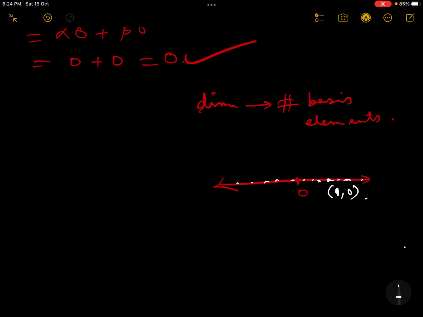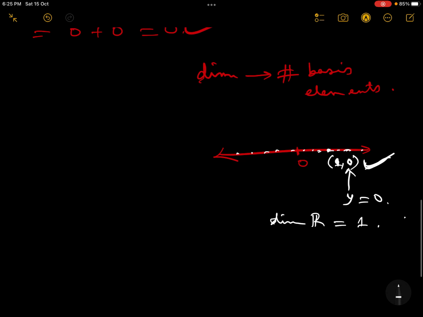It can be represented because the y coordinate is 0, since it is on the horizontal axis, and x is 1, so this is a vector. The dimension of this R is 1 because it can be formed by this single vector.